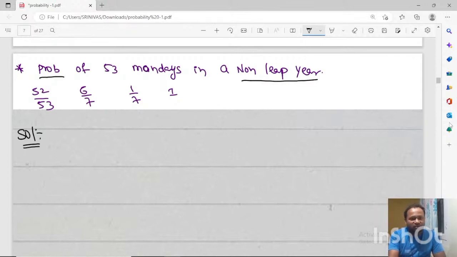Probability of 53 Mondays in a non-leap year. This is the question. First, we need to see about leap year as well as non-leap year. What do you mean by leap year? Leap year next to non-leap year.